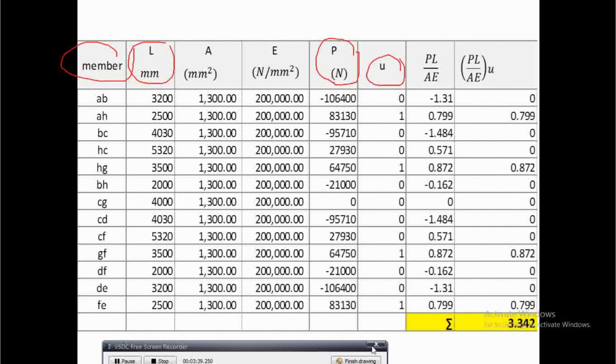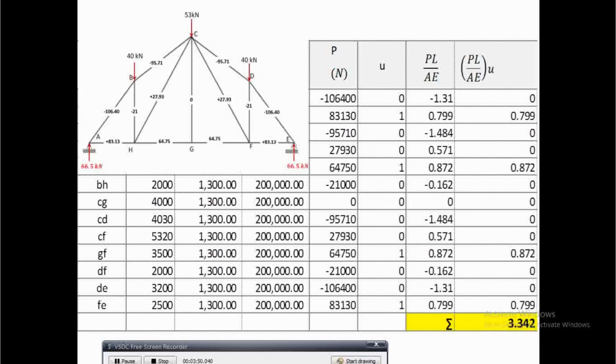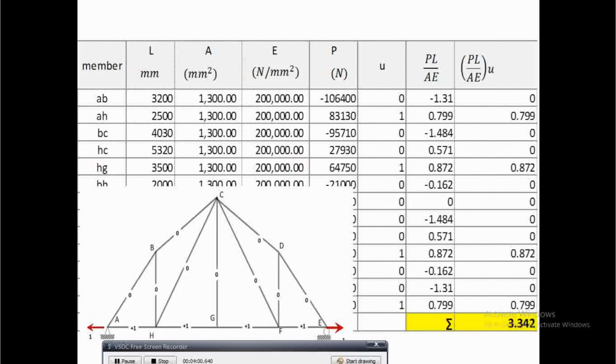Itong U na ito, this is due to the 1 unit load applied to the right. So, again, itong P na to, nakuha ko from this figure. Then, yung U naman ay nakuha ko from that figure.